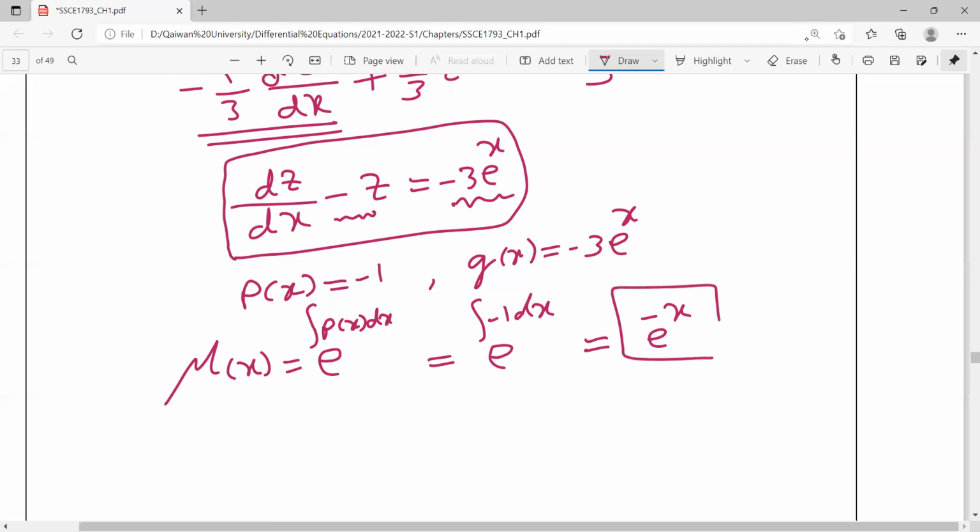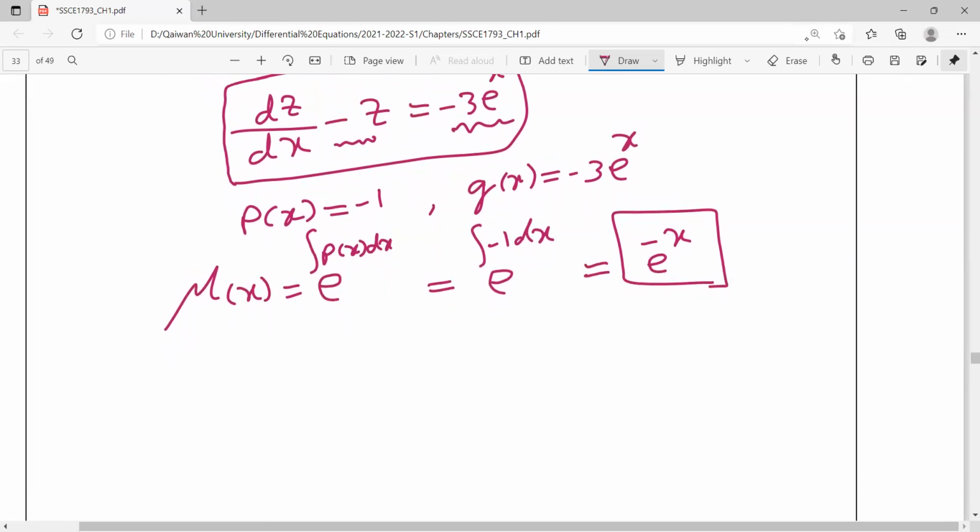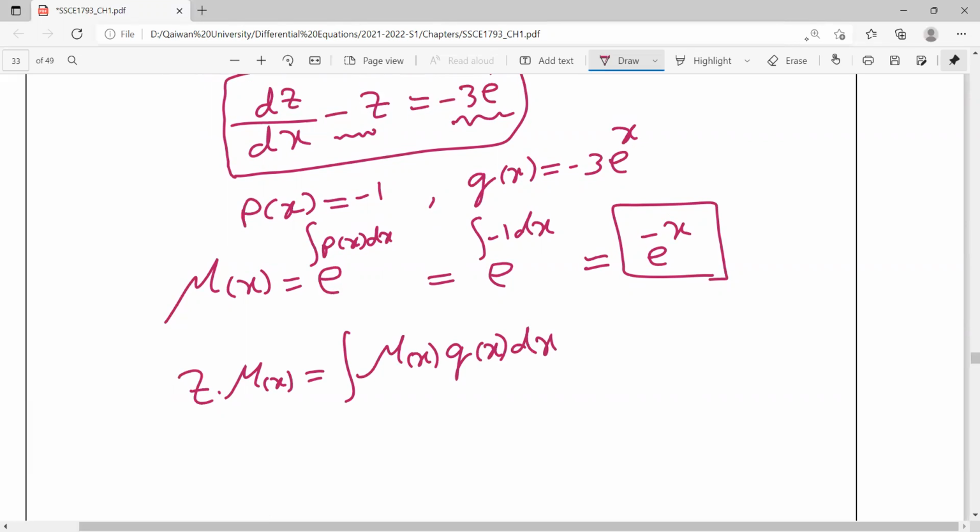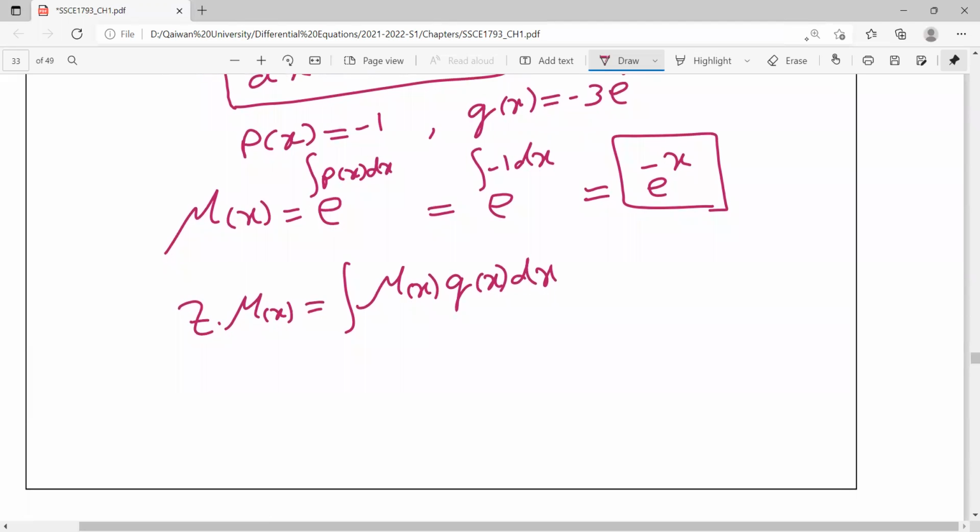This is mu of x. And then we say z times mu of x equals the integration of mu of x times q of x dx. We don't need to add the constant yet. After taking the integration, then we add the constant.